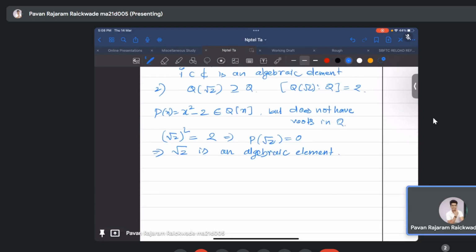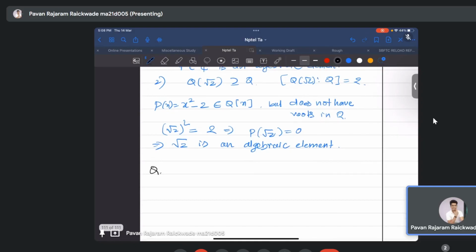Let's take another question now. You consider R to be the extension field of Q. It's not a finite extension.